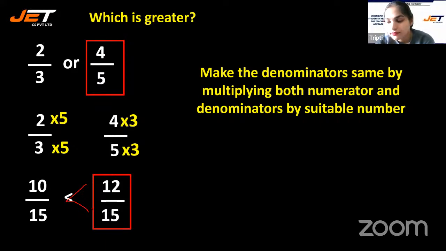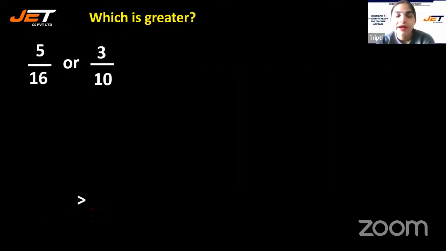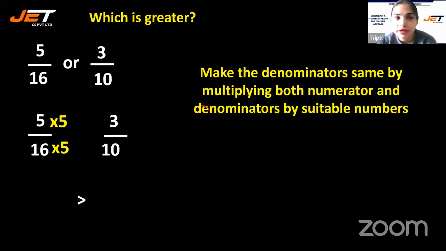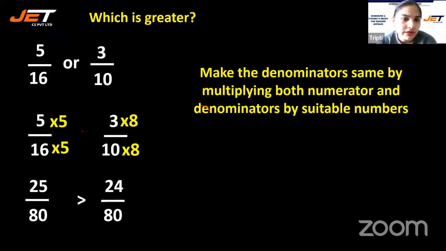Okay. Next one. 5 by 16 or 3 by 10. First, we will make the denominator same.